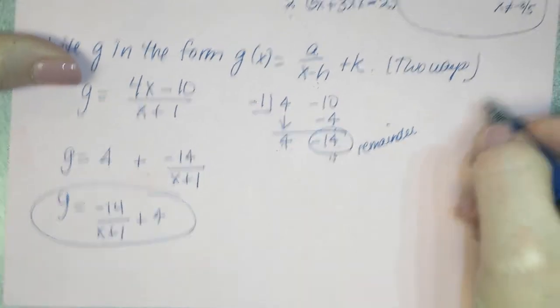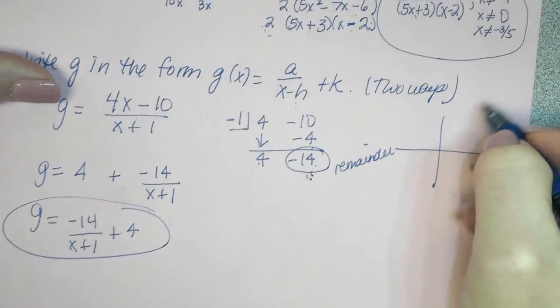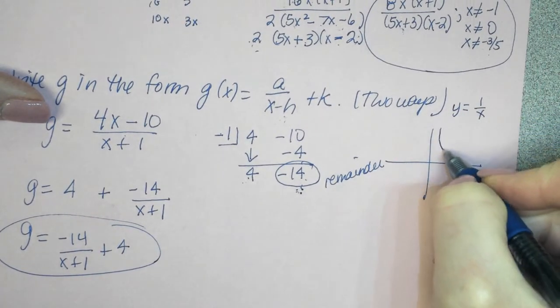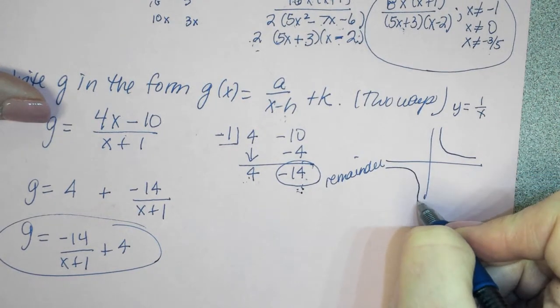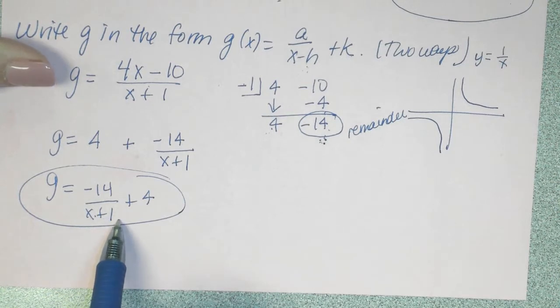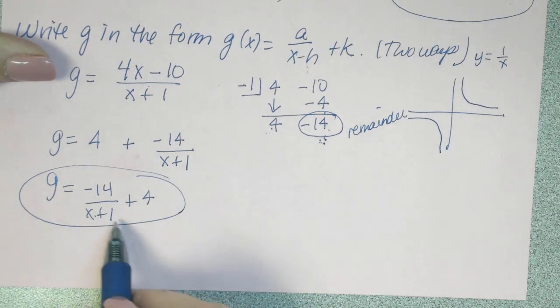Now they're going to ask you to be able to graph that too. You guys have to remember from Algebra 1 that the graph of y equals 1 over x looks like this. So what's going to happen if we replace x with x plus 1? What's that going to be? A shift to what? Right or left? X plus 1 is a shift to the left.